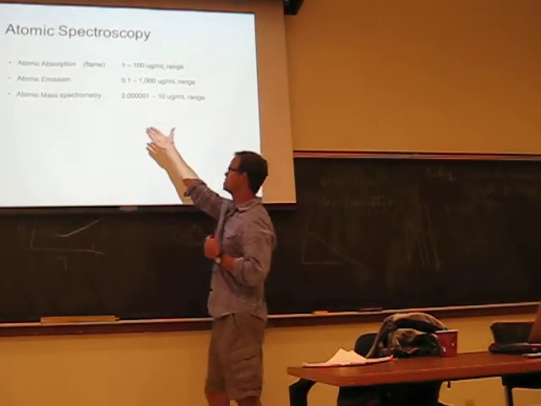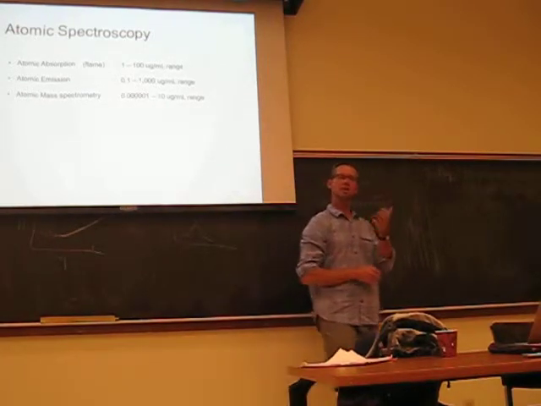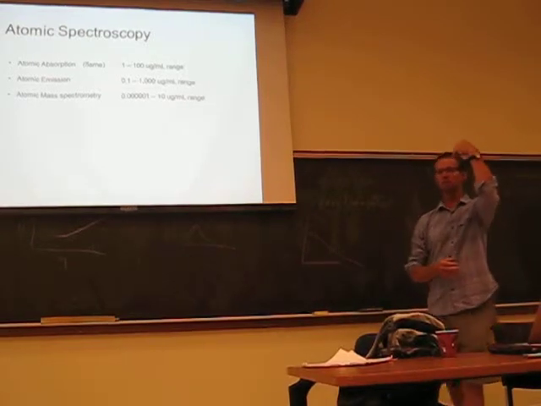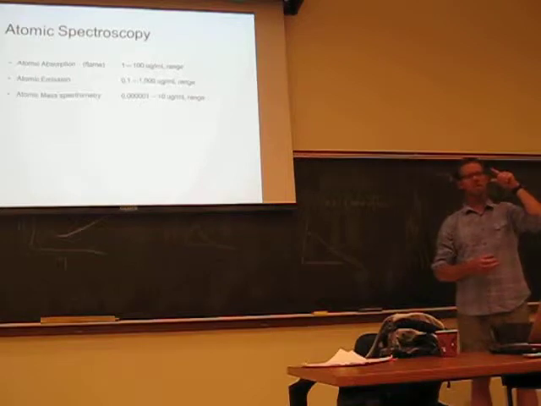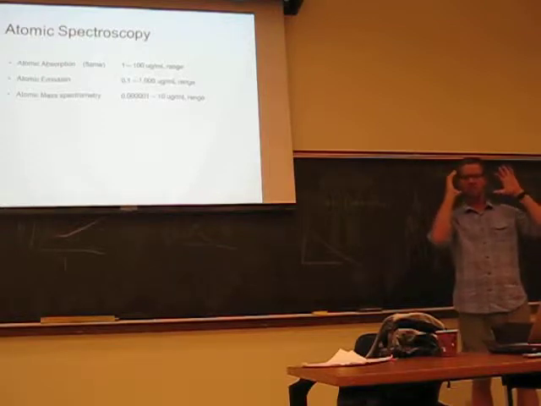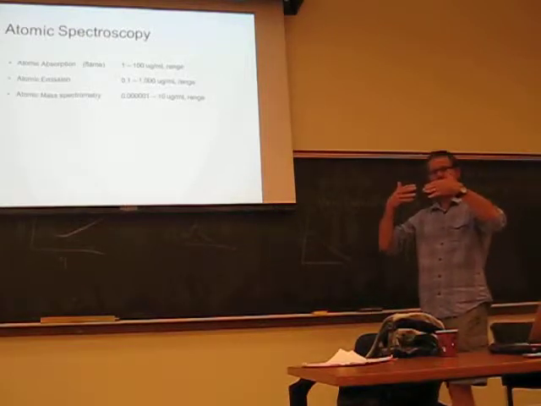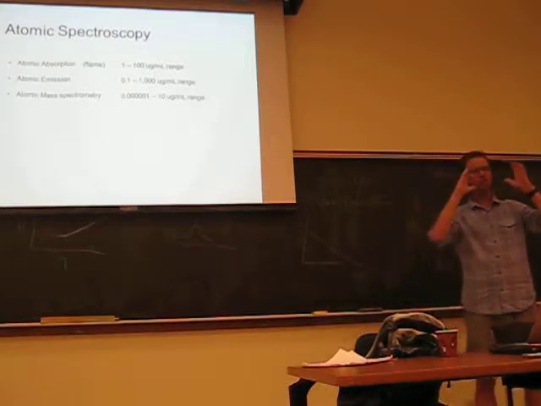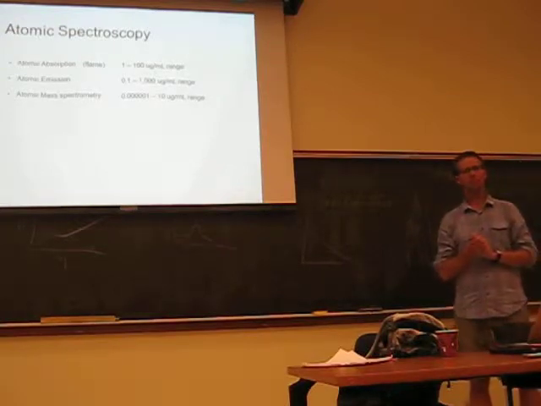And then at the top, in terms of sensitivity, is atomic mass spectrometry, where you are doing much the same process, taking a liquid sample, generating ultimately free atoms. But most mass spectrometers utilize a magnetic field to select which ionized atoms will strike the detector, rather than a monochromator that selects which wavelengths of light get measured.